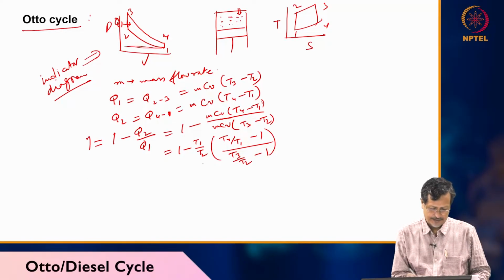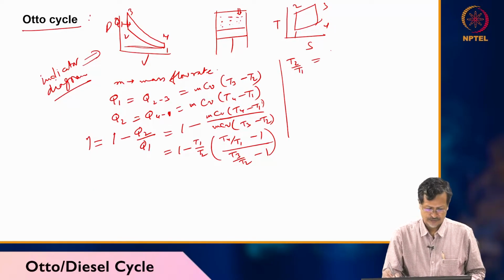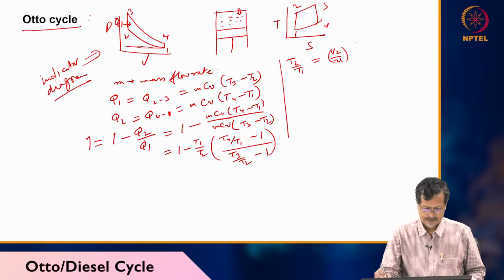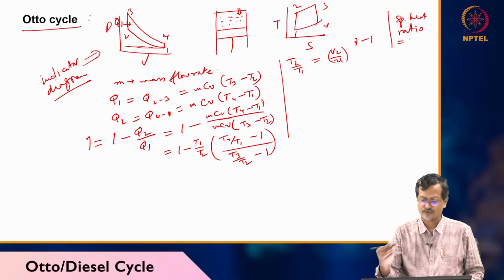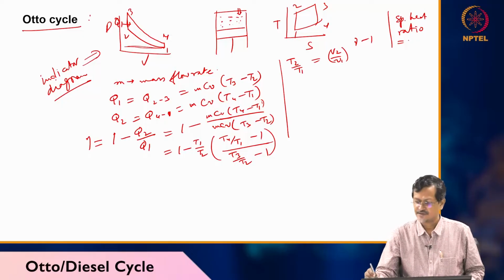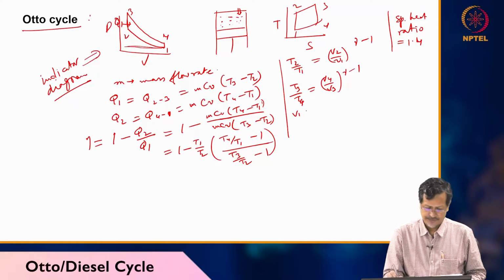Now T2 by T1 equals (V2 by V1) to the power gamma minus 1, where gamma is the specific heat ratio. Normally, if I do not give any value, for exam purposes you take 1.4. So T3 by T4 equals (V4 by V3) to the power gamma minus 1, and V1 equals V4, V3 equals V2.